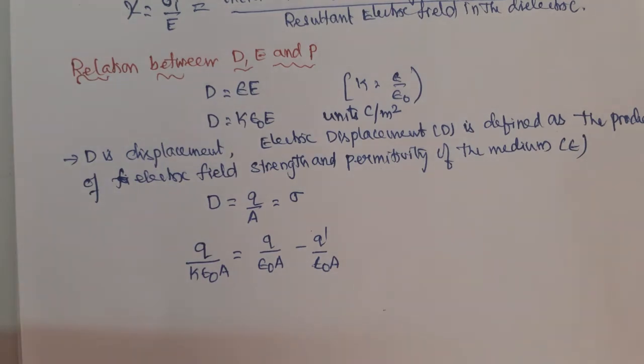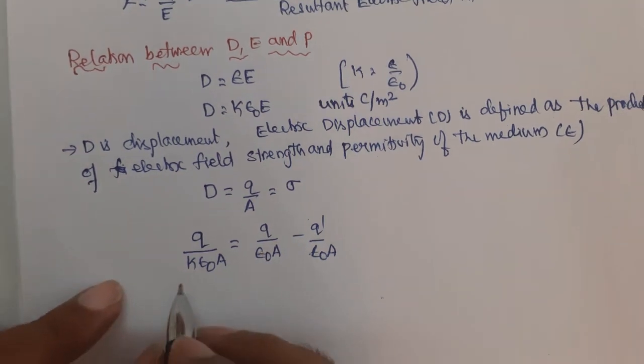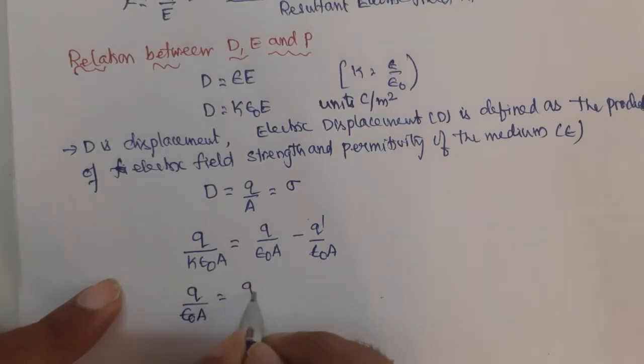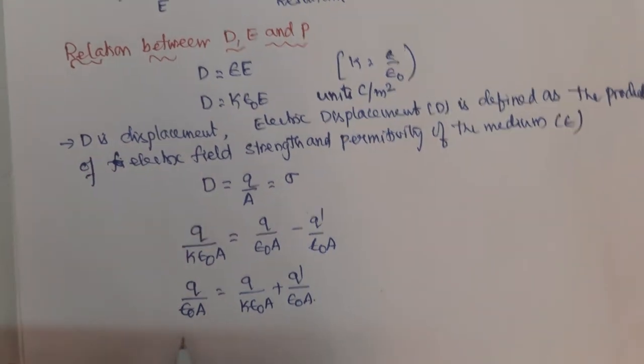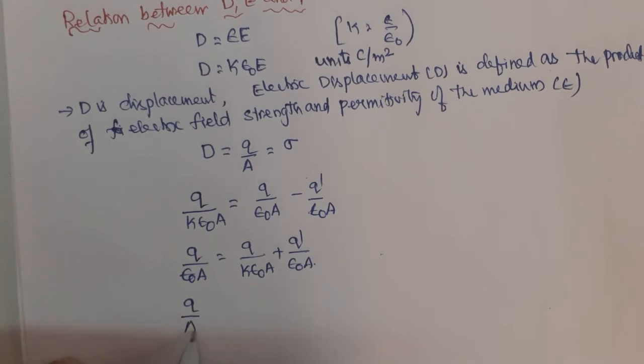From this equation you can write that Q by epsilon naught A is equal to Q by K epsilon naught A plus Q dash by epsilon naught A. And here you can write Q by A is equal to epsilon naught into Q by K epsilon naught A plus Q dash by A.